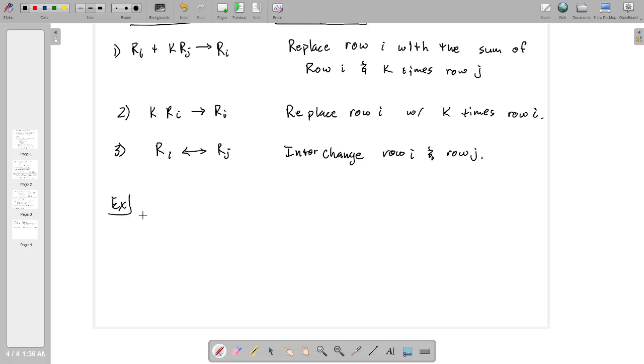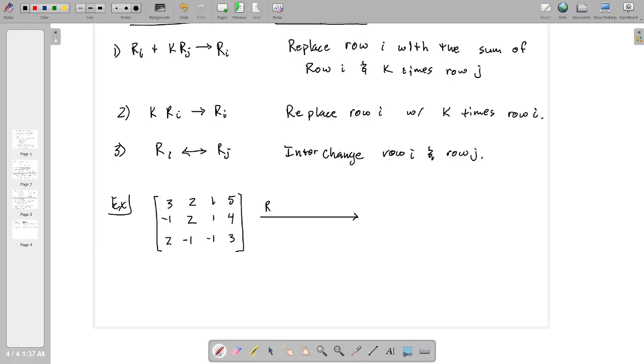An example. Suppose we have this matrix. 3, 2, 1, 5. -1, 2, 1, 4. And 2, -1, -1, 3. And we're going to do one of each of these. First one, I'm going to do the first elementary row operation.